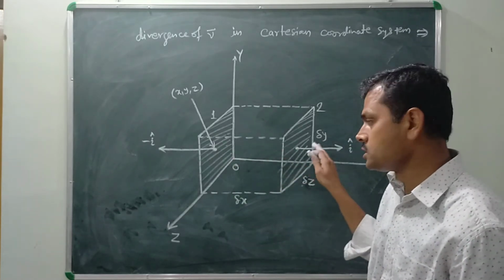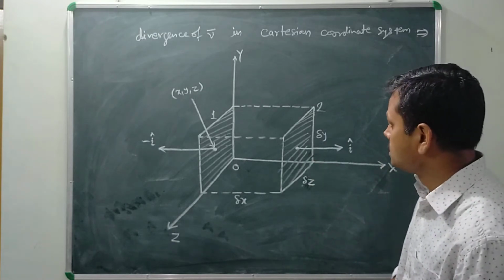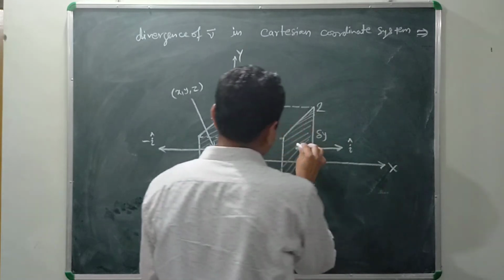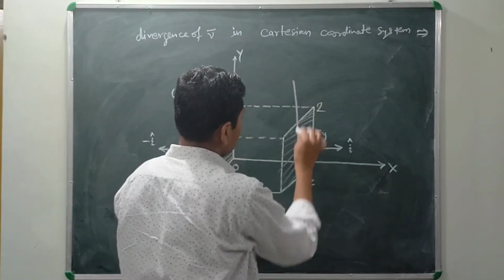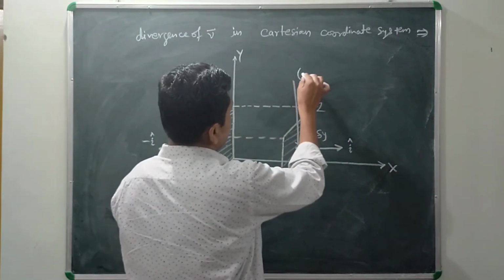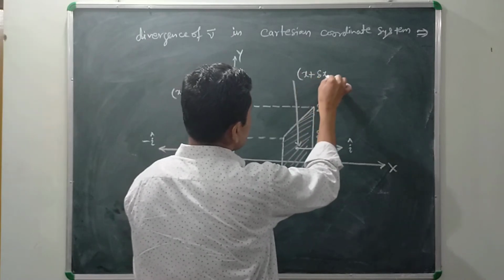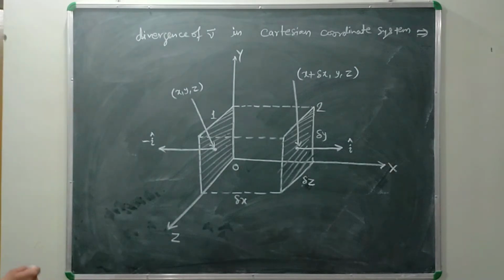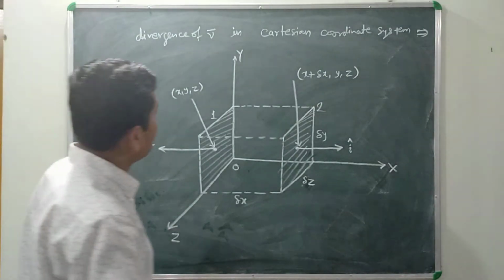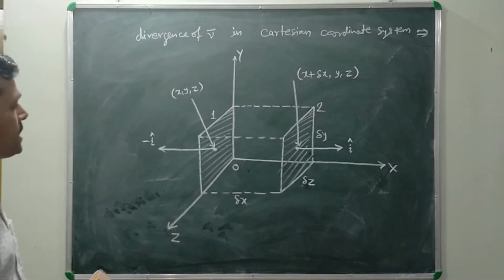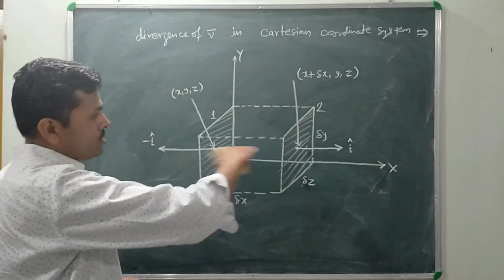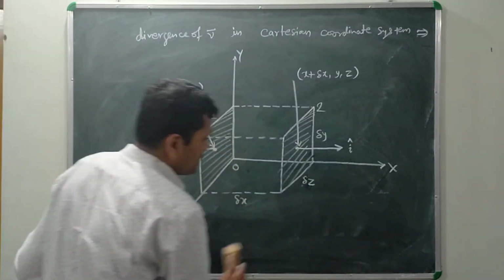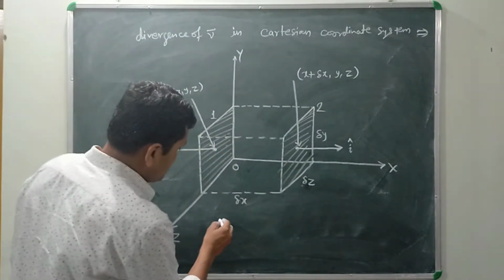Y coordinate and z coordinate will have the fixed value. So this point will have the coordinate x plus delta x, y and z. Now we are interested in calculating the flux along x-axis. So let us write down the flux.